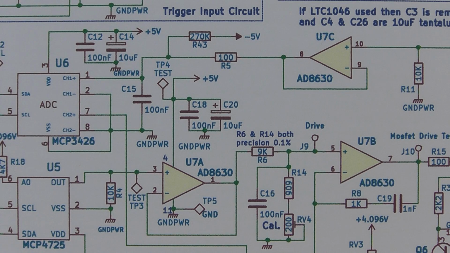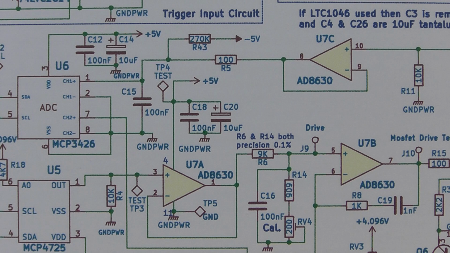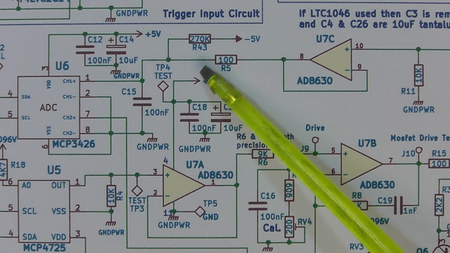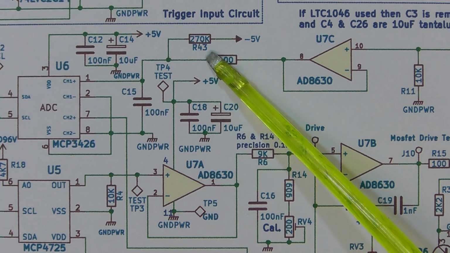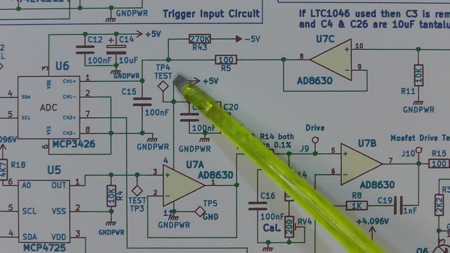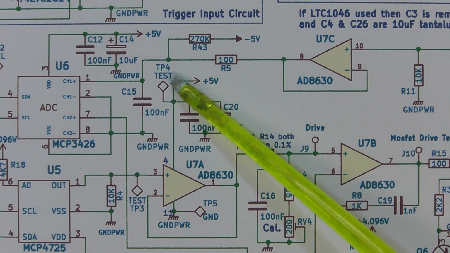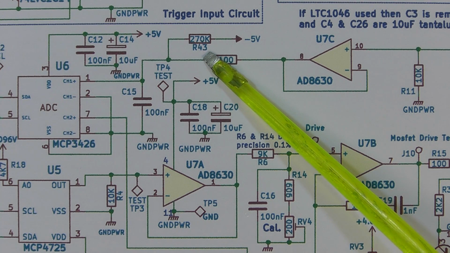Now I just want to point out a component change I've made on the PCB to improve the setting of the voltage on the display. We had a few minor issues when we were adjusting RV2 to set the correct voltage on the LCD display during calibration, and what I found is that the resistor there, R43, which is providing some negative voltage to back off any erroneous voltage going on to the ADC, is a little bit too small in value.